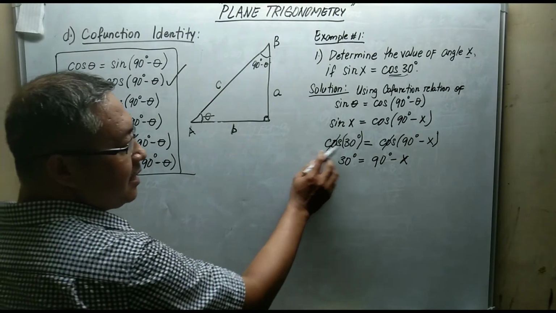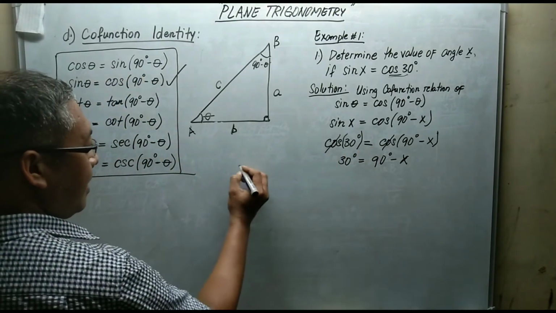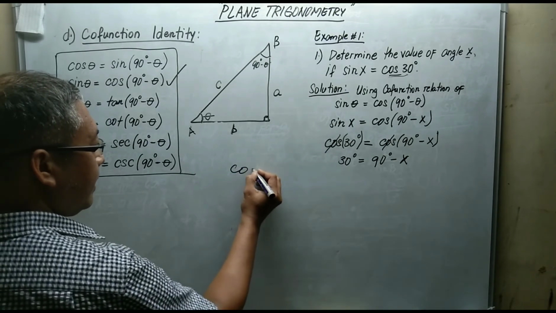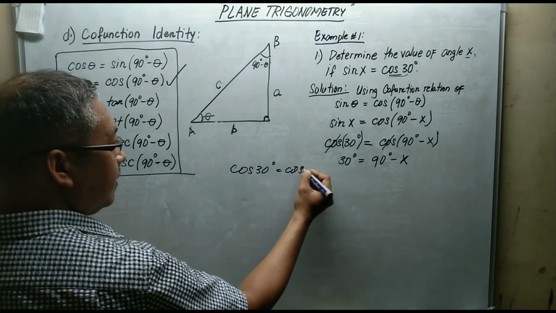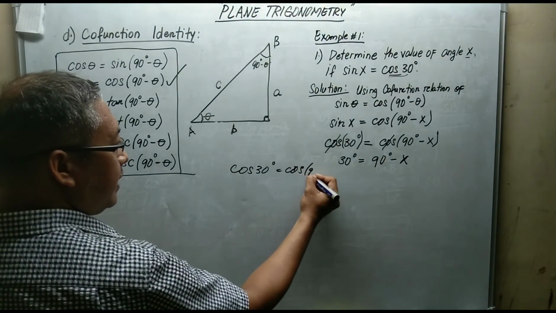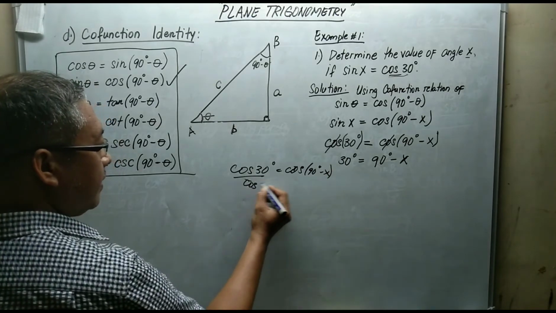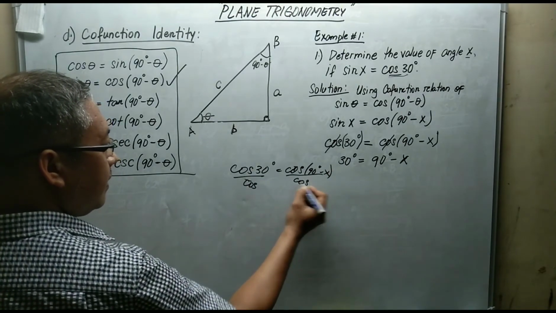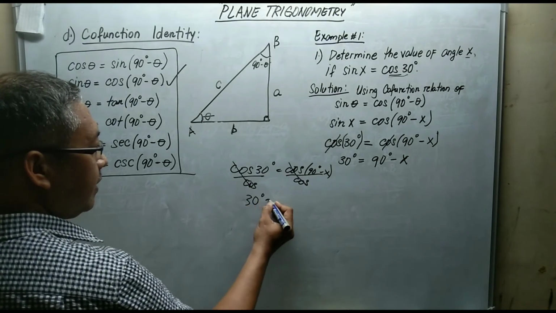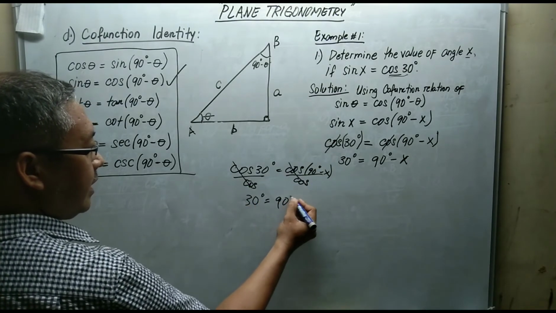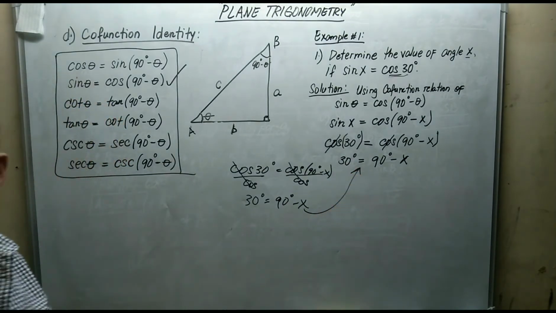Why is this cancelled? The same. If I bring down this cosine 30 like this, cosine 90 degrees minus x, over cosine, cancel cosine, the remaining is 30 is equal to 90 degrees minus x. It is the same, correct? Right?